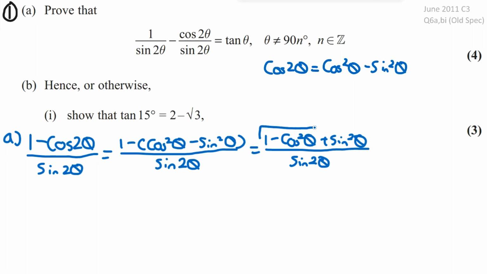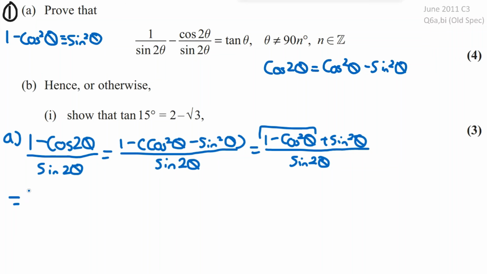And now we have this 1 minus cos squared theta here, and 1 minus cos squared theta is equivalent to sin squared theta, so therefore we can sub this in for this 1 minus cos squared theta.